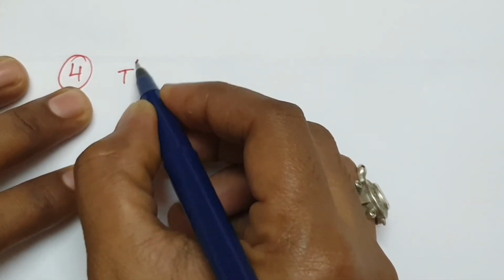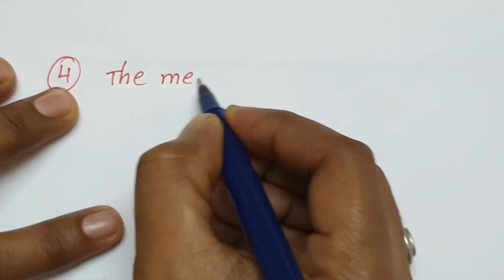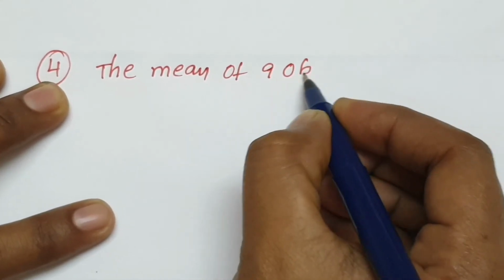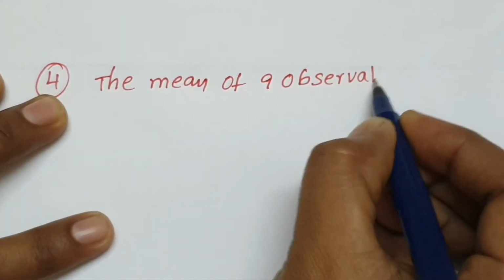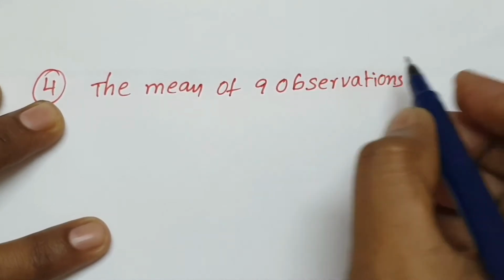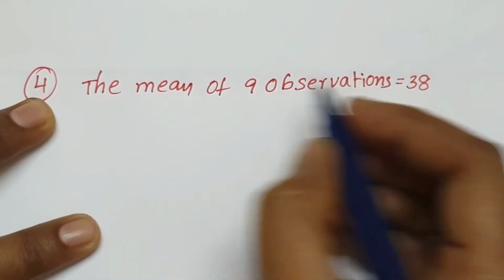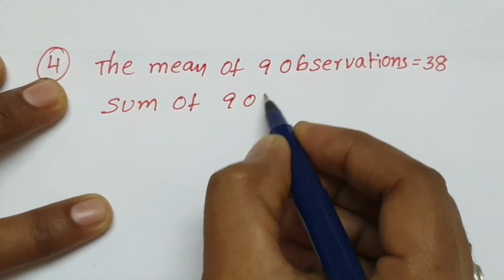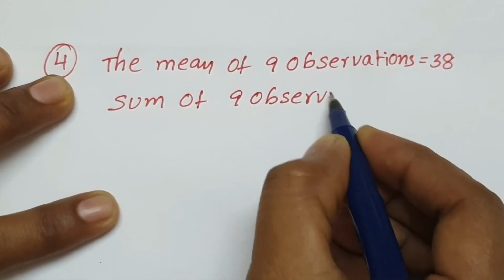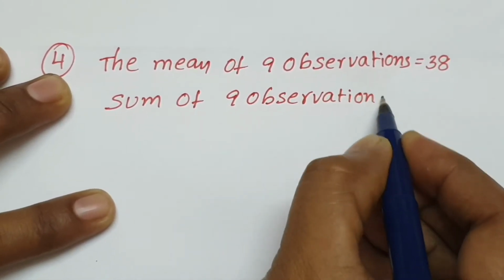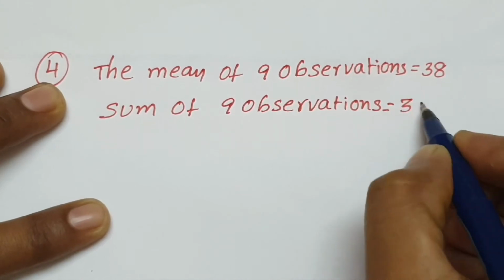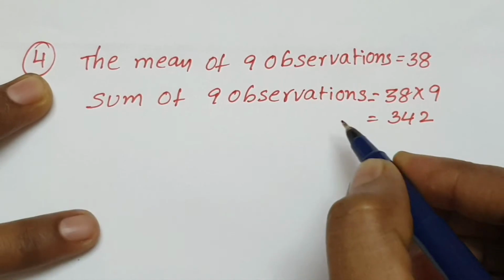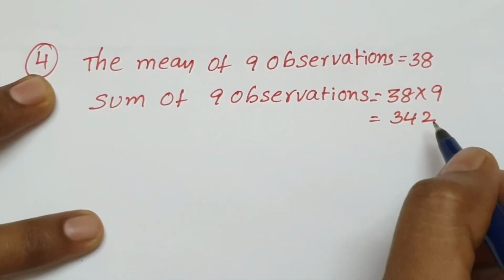The mean of 9 observations is 38. Sum of 9 observations: sum means do the product, 38 into 9 we get 342. This is the sum of 9 observations, 342.